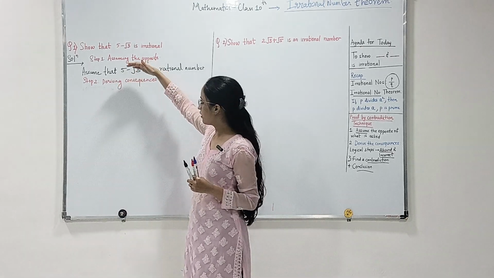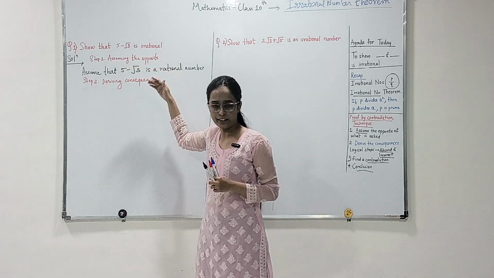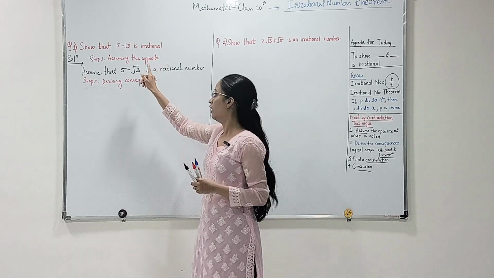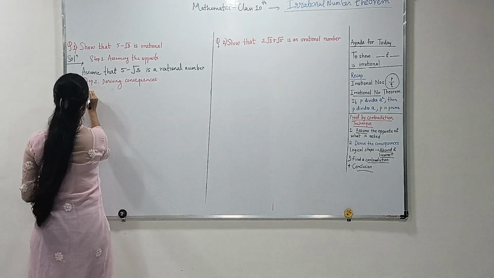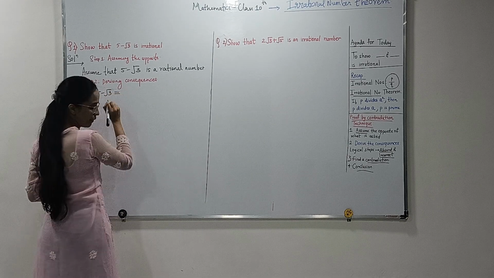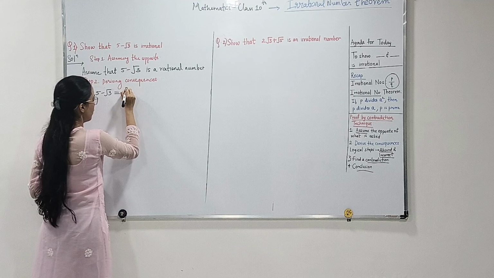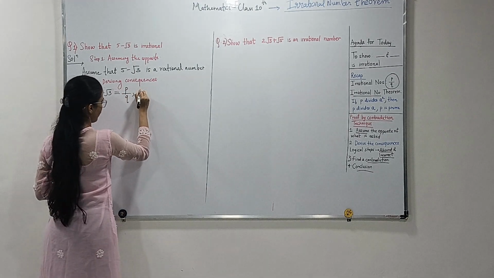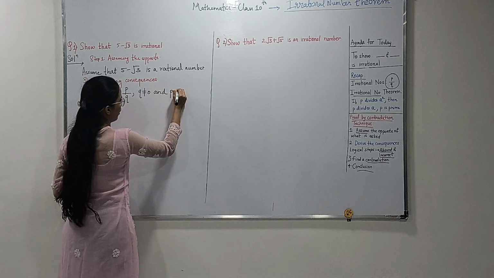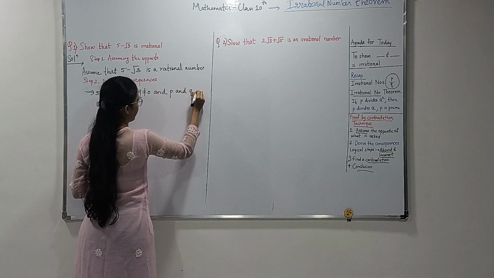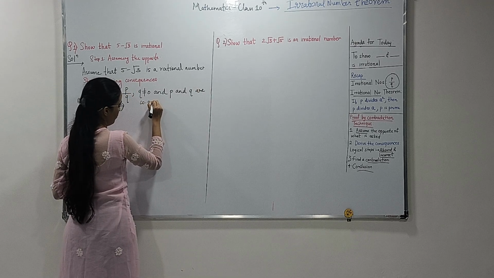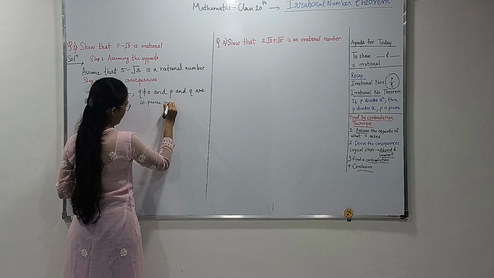So if we have assumed that this number is a rational number, then according to the definition of a rational number, the number 5 minus root 3 can be represented as P upon Q, where Q is not equal to 0 and P and Q are co-prime integers.